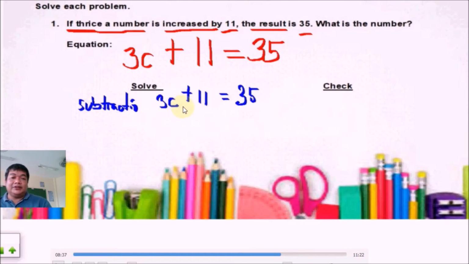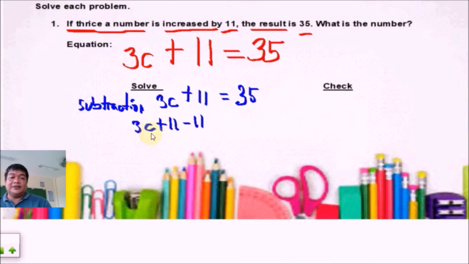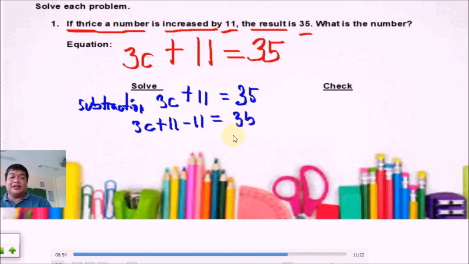We're going to subtract 11 from both sides, so that 3 times c will remain on this side.